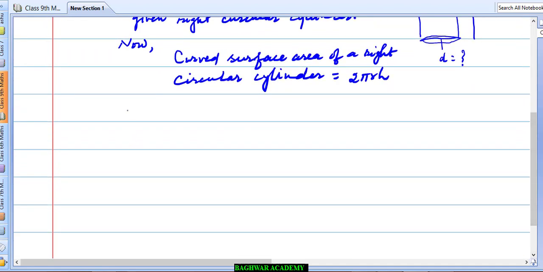So here we will write, therefore, 2 pi R H is equal to 88.